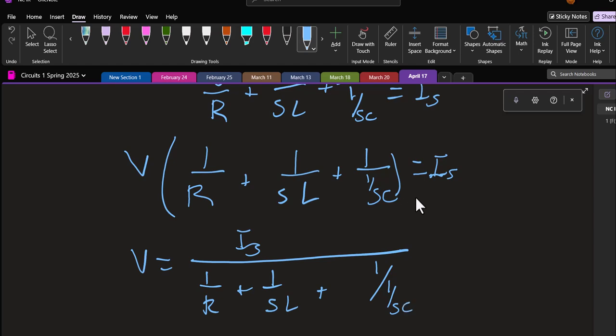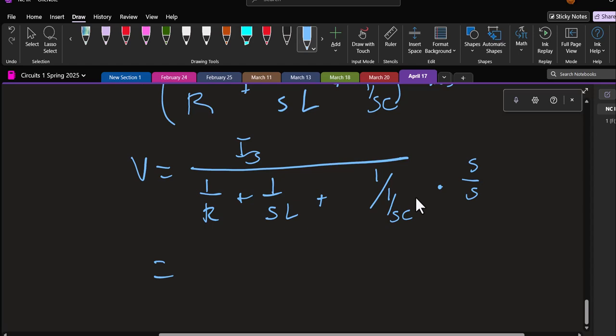Then typically what you do at this point is multiply through by something that will help us get rid of the s's in the denominators. So you multiply through by s over s.